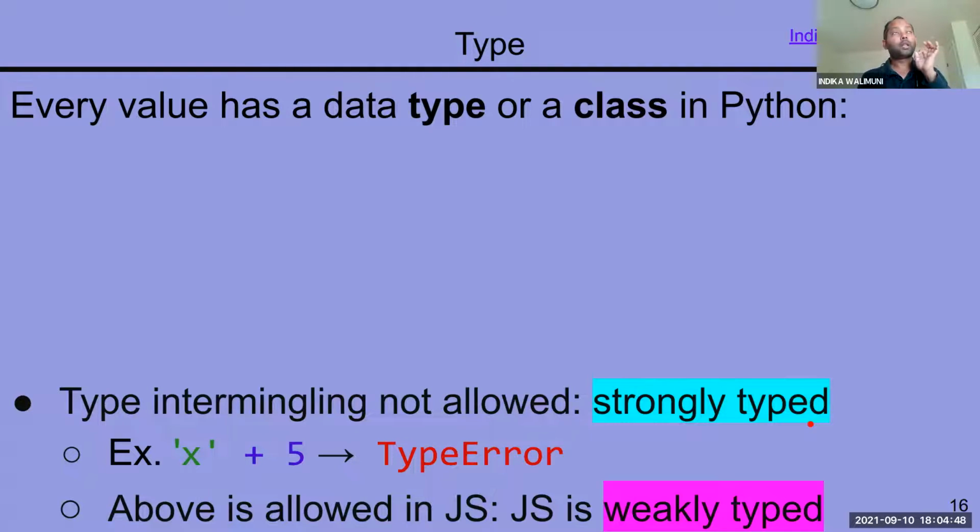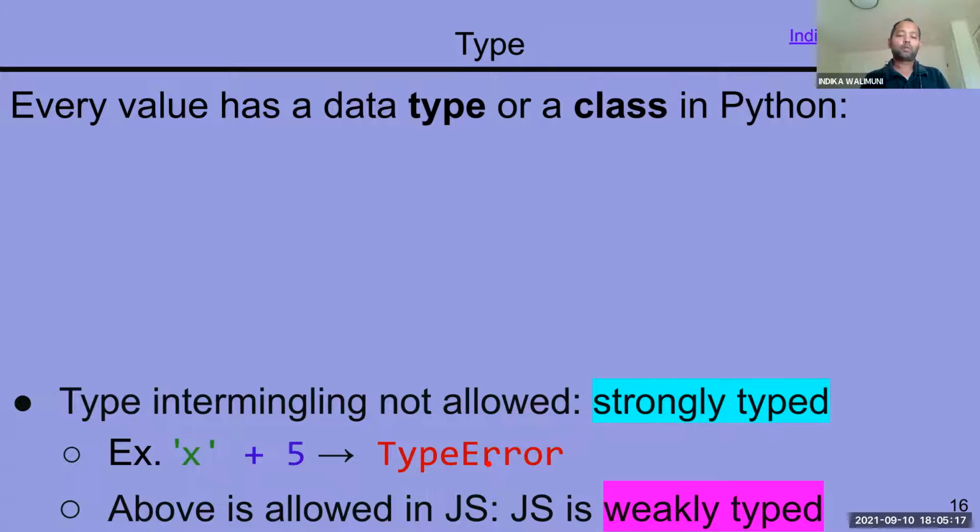So type realization happens at runtime, so it's dynamically typed, but intermingling with the type is not allowed. For example, Python doesn't allow this operation. This is a string, right? It's enclosed by single quotation marks, so x plus 5. If you try to do this, Python will return a type error.